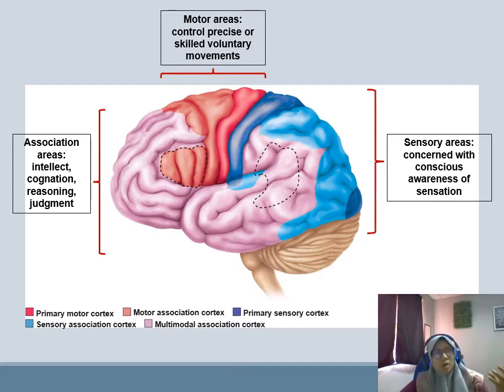This is where all the problem solving comes from. The memory, recall, mathematical problem solving, all at this association area, which is the pink area. So red for motor areas, pink for association areas, and blue for sensory areas.